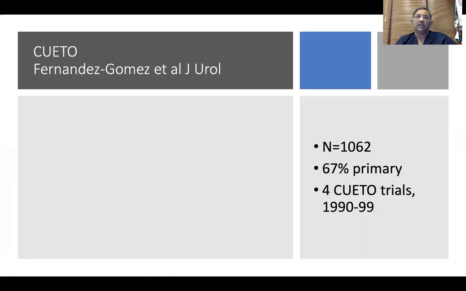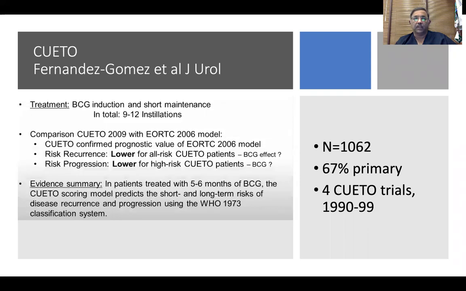3 years later, Fernandez and Gomez reported in the Journal of Urology the Kyoto table or Kyoto model. Now it was based on 1,000 patients' data. 2/3 were primary tumors, and the data was collected from 4 Kyoto trials in the 90s. The impact of BCG was one of the confounding factors in the Kyoto trial.